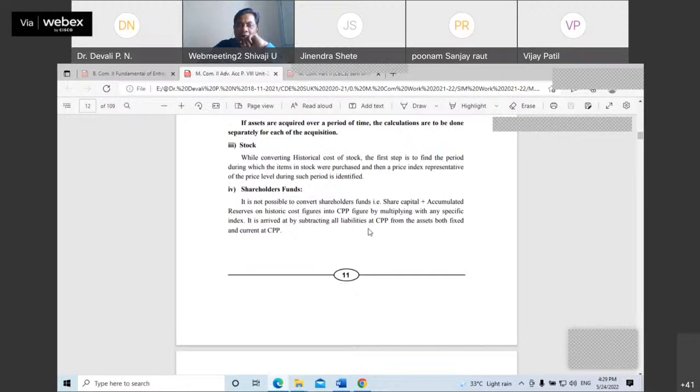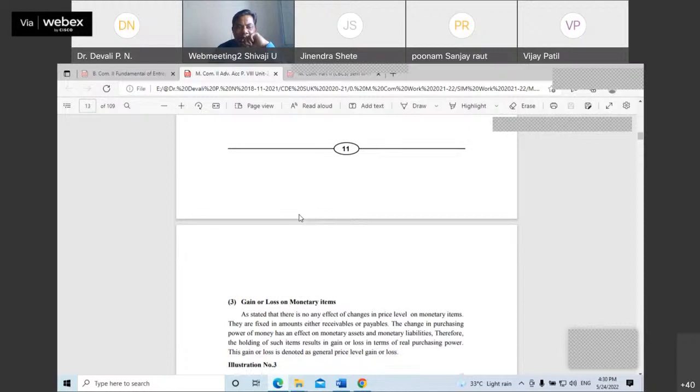Simply we can say assets minus liabilities. These assets are the fixed assets and the current assets under the CPP method, and we have to deduct all liabilities under CPP. Then we get the shareholders fund at CPP.